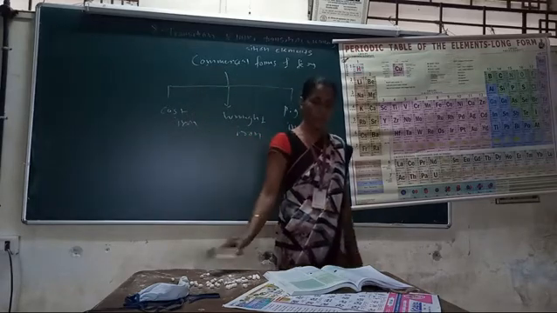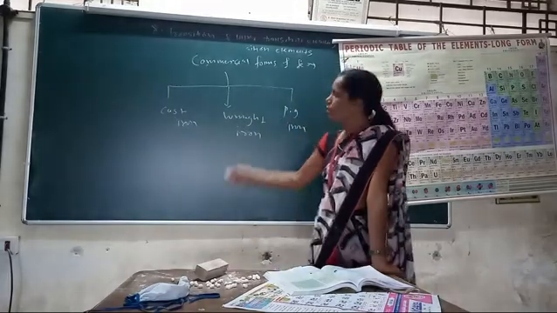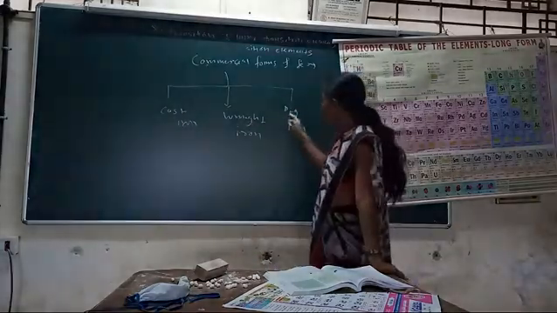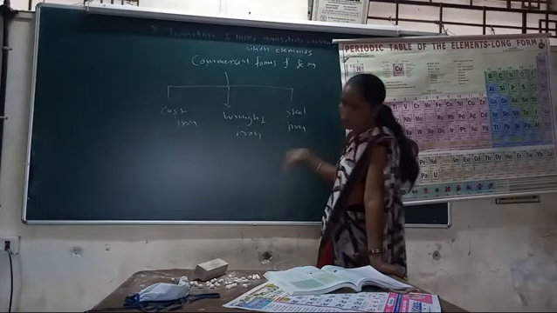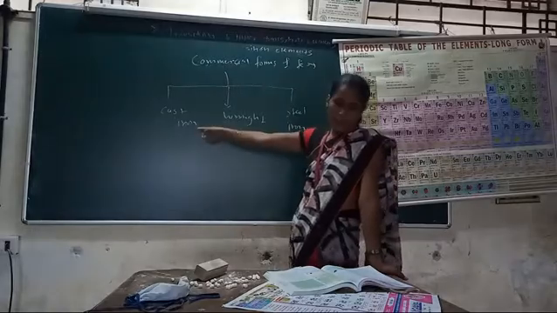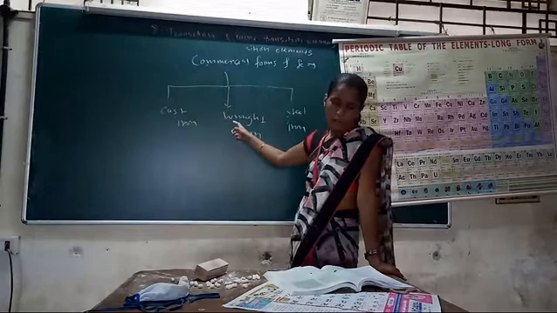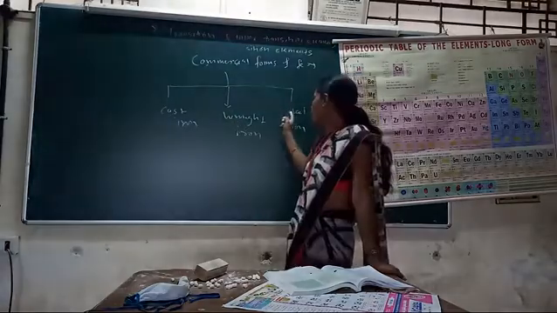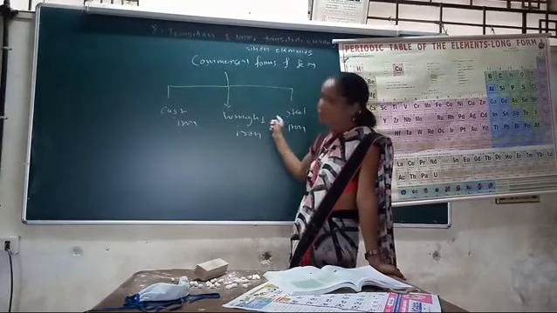These are the commercial forms of iron. The cast iron is hard and brittle. Wrought iron is very soft, and steel is neither hard nor soft.